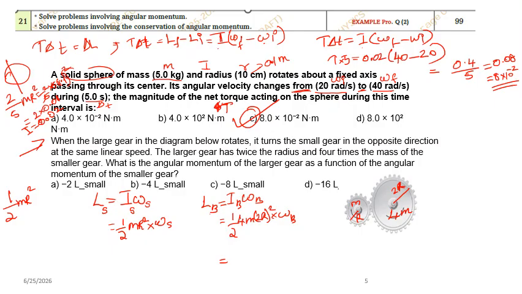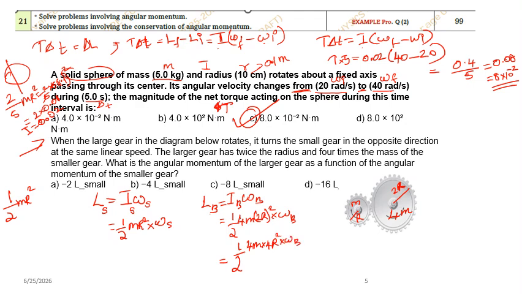When I'm expanding it, I'll be getting 1 by 2. I'm not cancelling anything because I need to write one in function of the other. See, 1 by 2 into 4m into 4r square, into omega b.